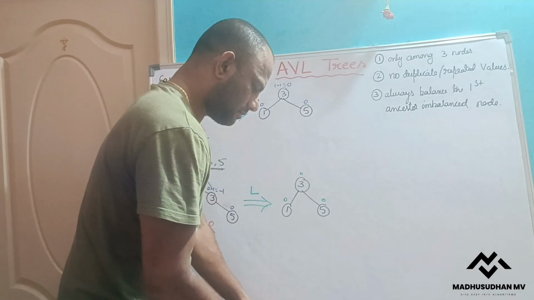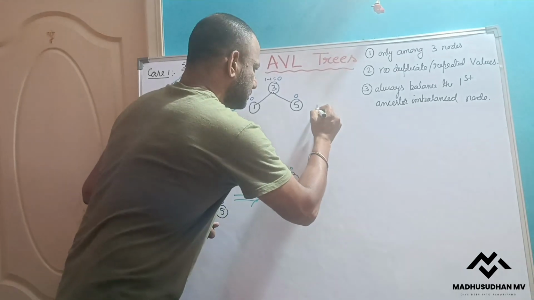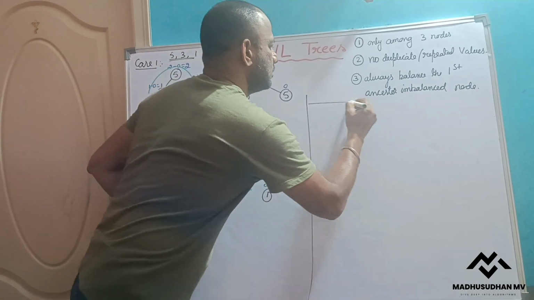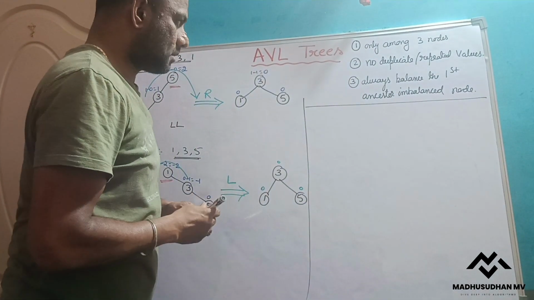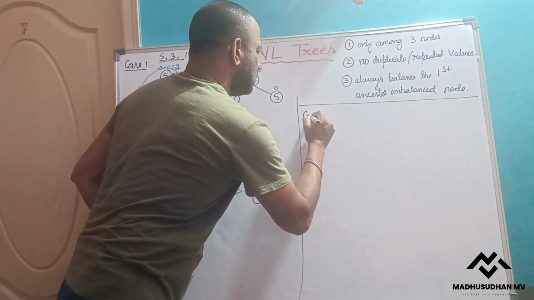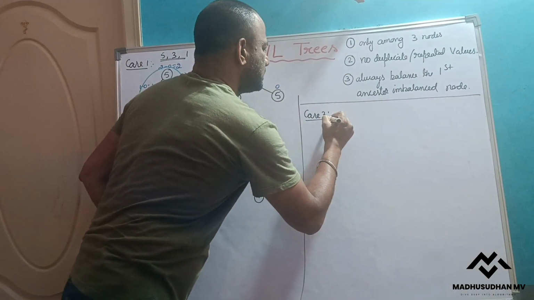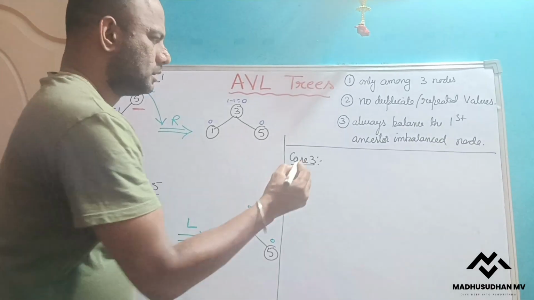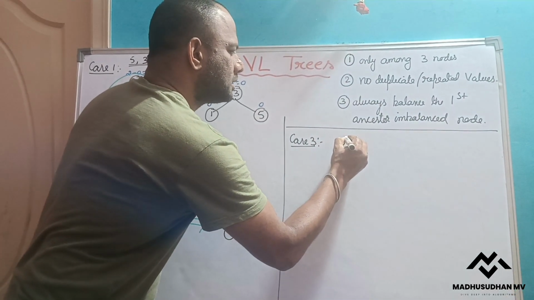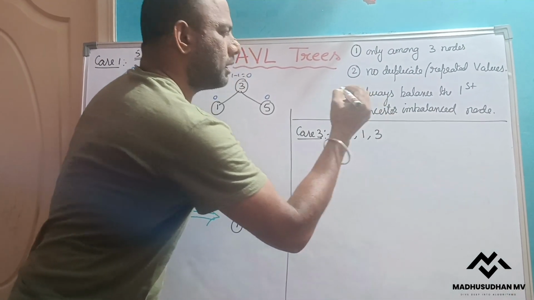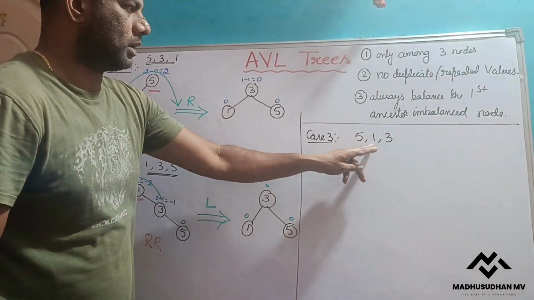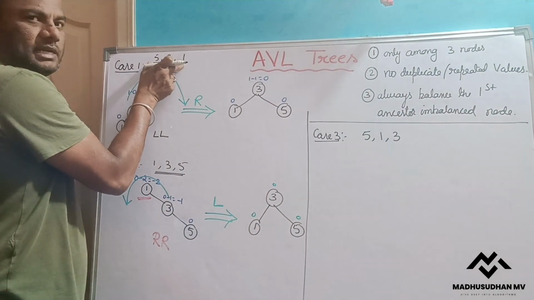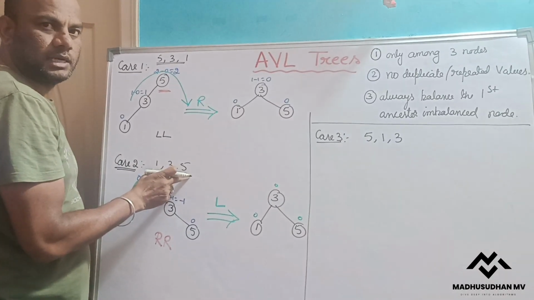Now case 3. Suppose my elements arrive in this way: 5, 1, 3, random, not descending order like this or ascending order like this.